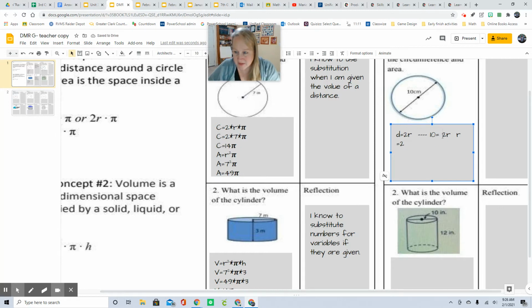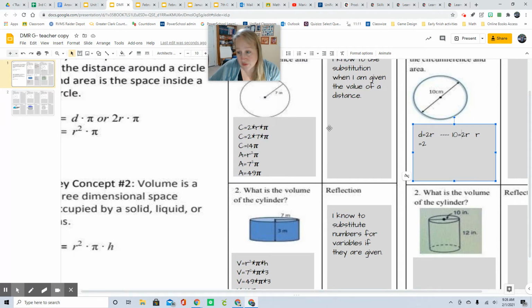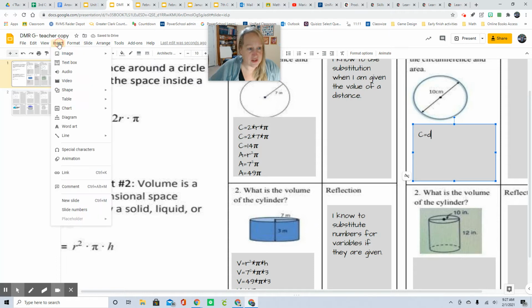I don't like my spacing. But what that means is if I'm looking up here for the formula, the formula is in R, or we could just use D. So let's skip that. You know how I love to do that. I'm going to cheat and use my formula from the other day, but in case you did not know how to type it, C equals D times pi, that is insert special character.